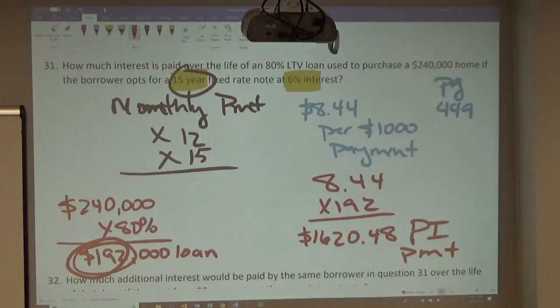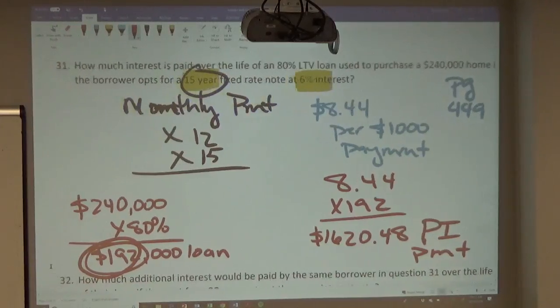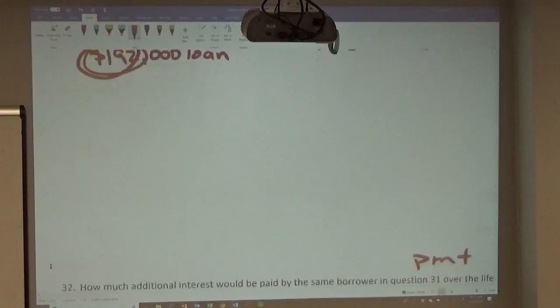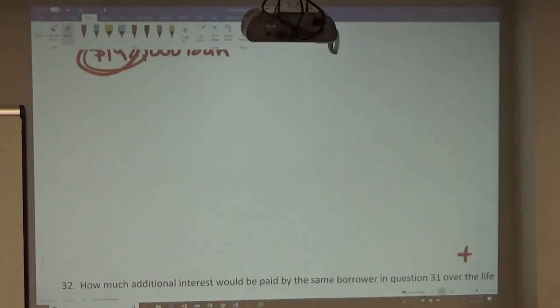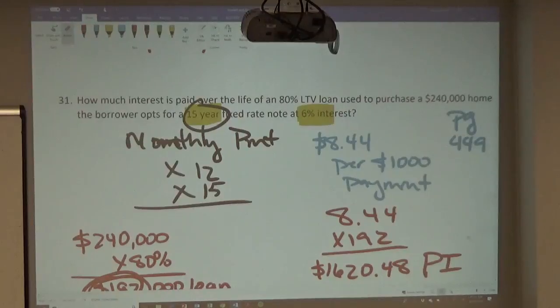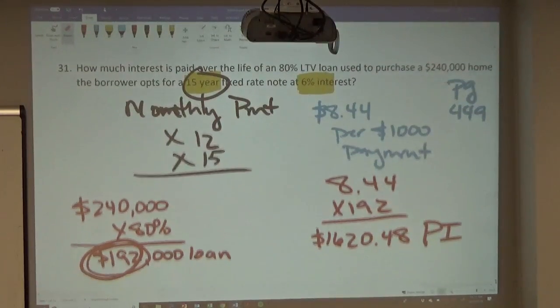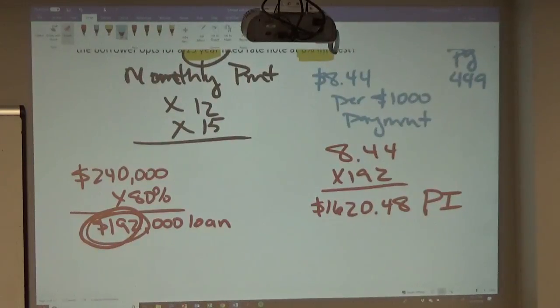All right, so go back up here. I've got $1,620.48 as my monthly payment. Well, if you go back to this first thing we wrote down, we needed the monthly payment times 12 times 15. Well, now we have that.